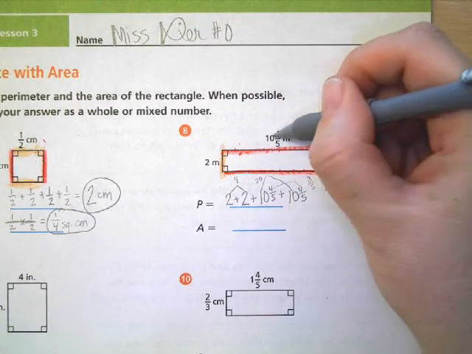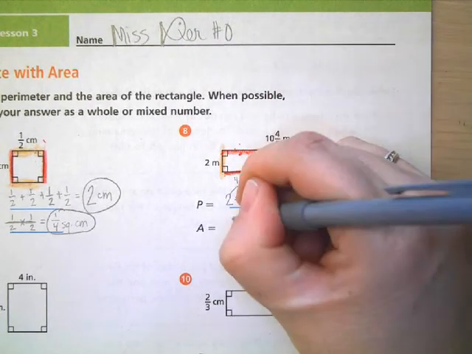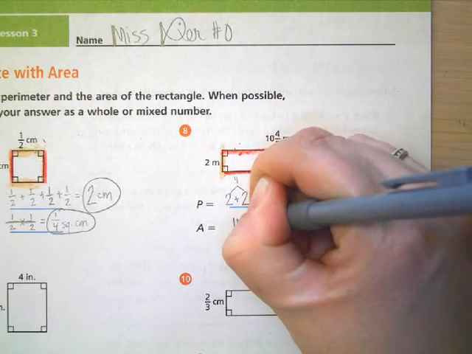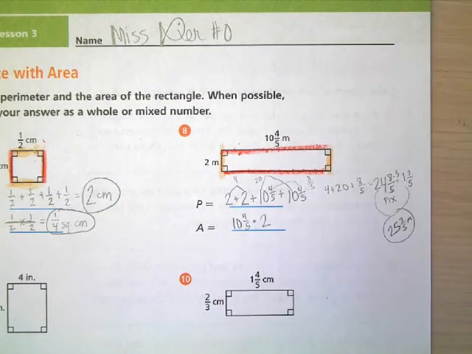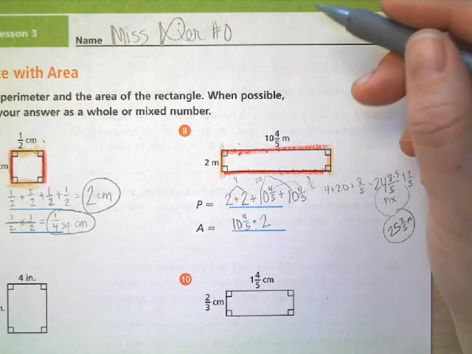Area is the same as it always is. You're going to be doing length times width. So you can put 10 4/5 because that's the length, times 2. How do you solve a problem like this?